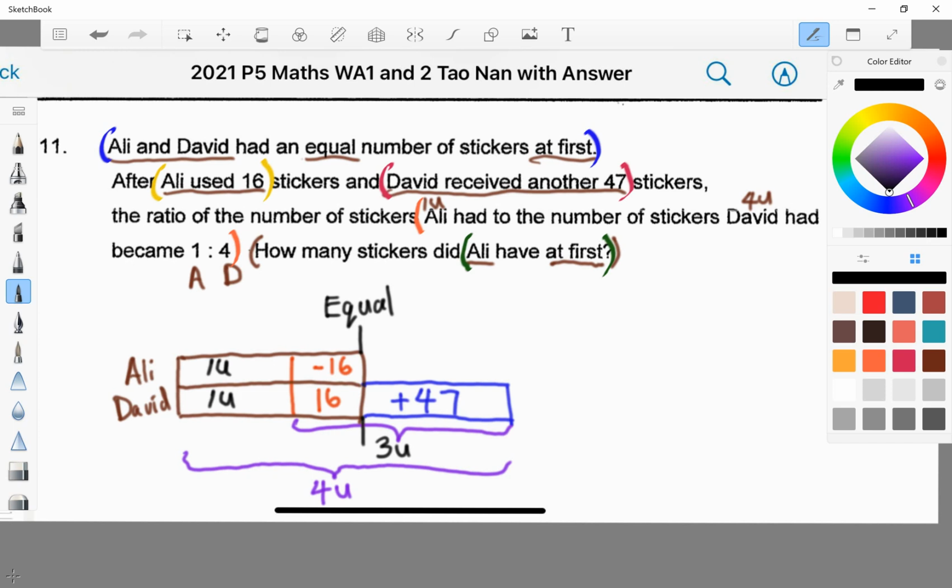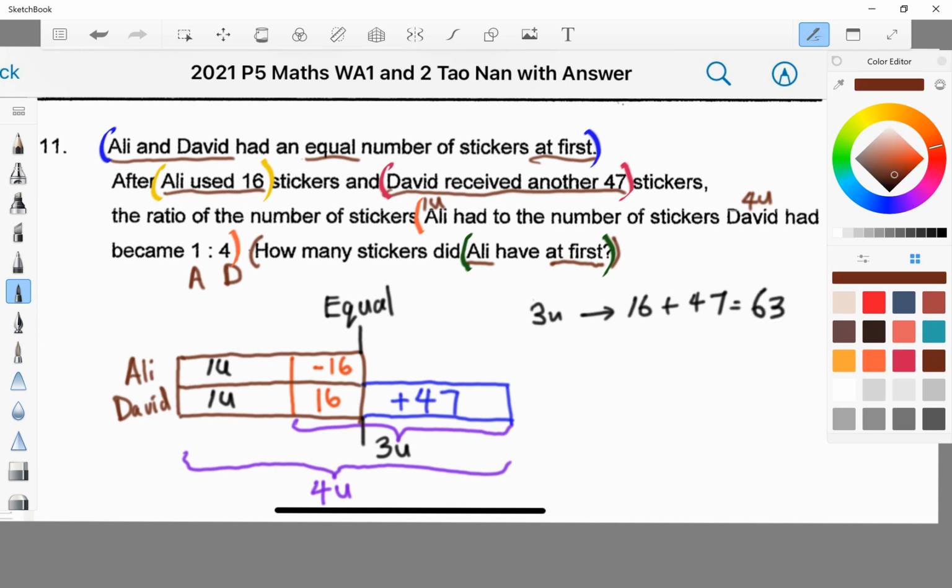So from my model itself, I can write down that 3 units is none other than 16 plus 47. And if I use the calculator and key it in, the answer will be 63.